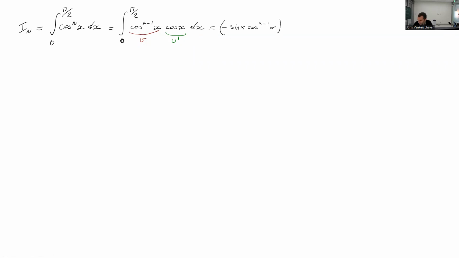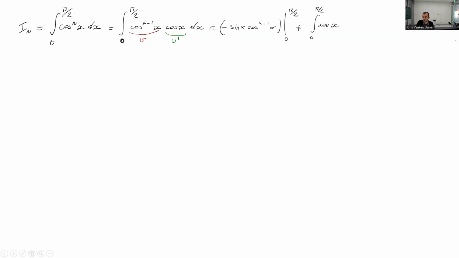And now we have a definite integral, so we'll also have to evaluate this between the bounds 0 and pi over 2. And now, what else do we get? Well, we get minus the integral from 0 to pi over 2 of u times v prime. So u was minus sine x, so we get minus minus, or plus.